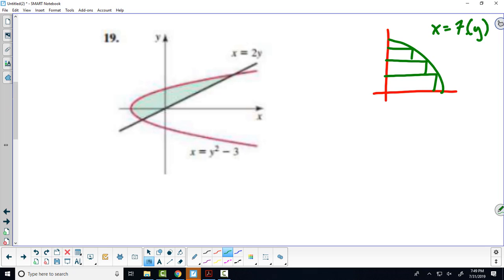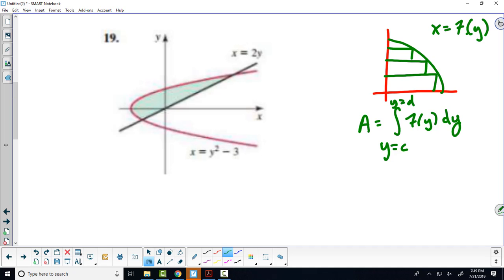I'm not going to redevelop the entire Riemann sum, but we could give a new limit definition, and we would say the area is the integral from y equals c to y equals d of f of y dy.